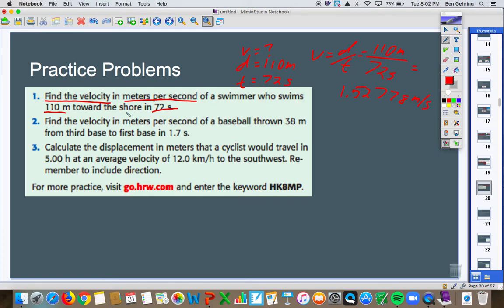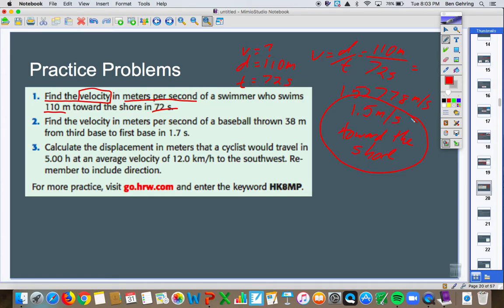I can go back to my question now. I see that 110 has 2 significant digits because there's no decimal, and 72 also has 2 significant digits. So my answer needs 2. So I'm going to round this to 1.5 meters per second. And I need a direction because it is velocity. So this is going to be toward the shore. So this will be my answer.